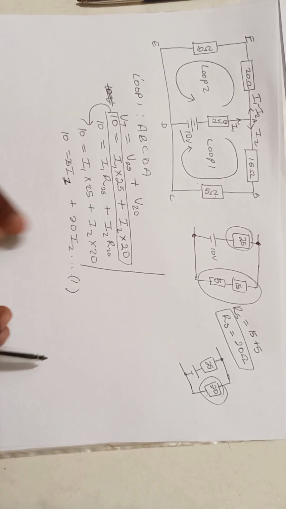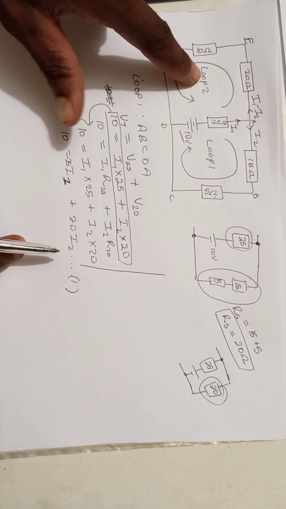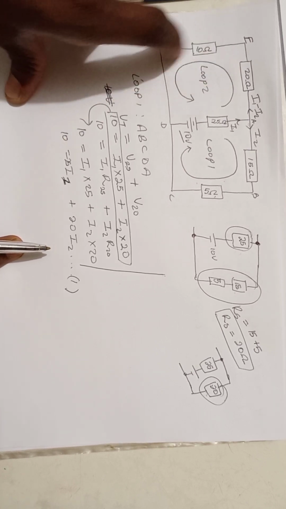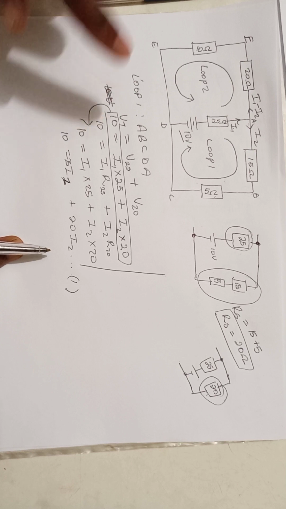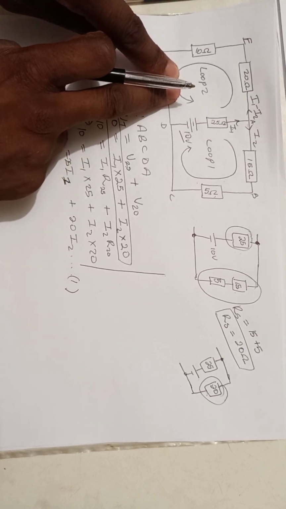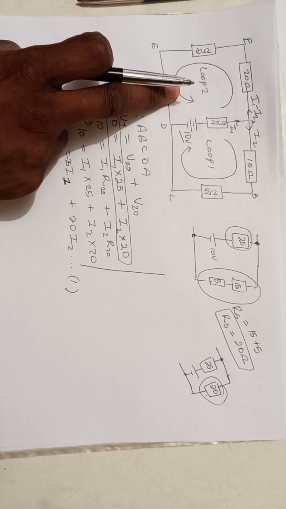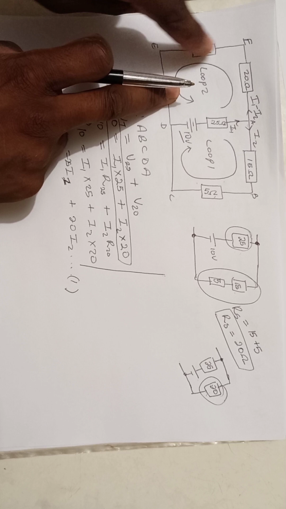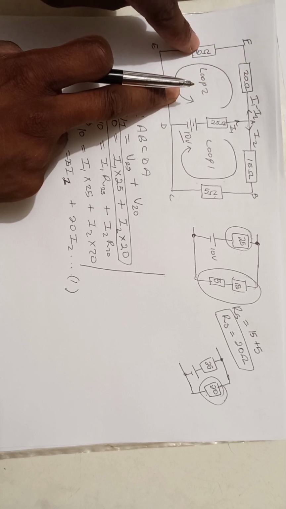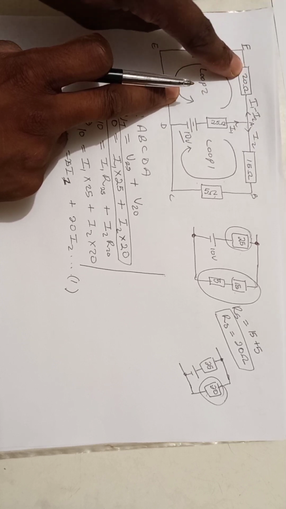Now let us go to this loop and get an equation for that loop. Again, what do you see on this loop? I think you see that on this loop, this resistor and this one are in series.